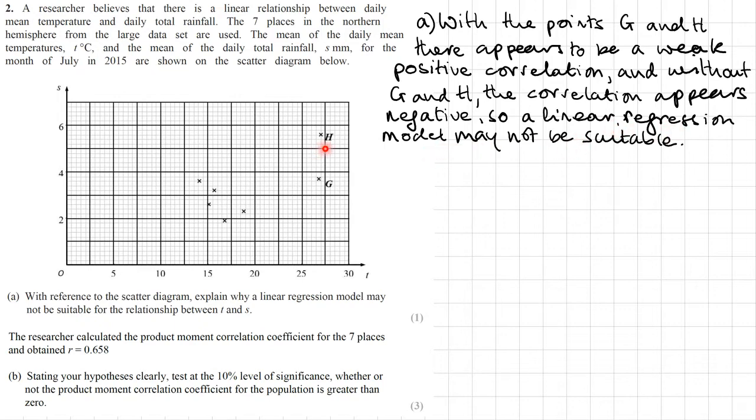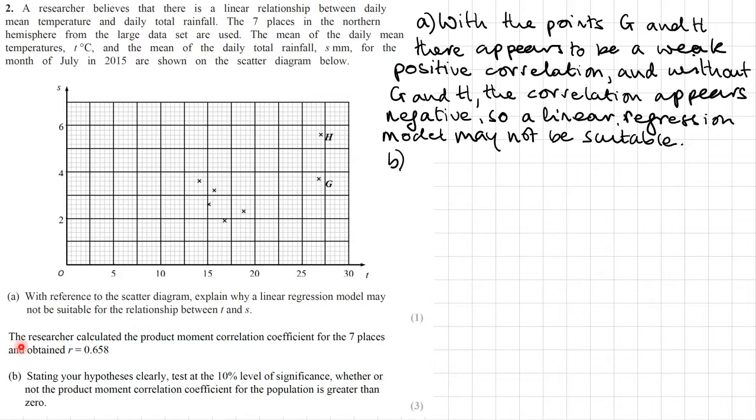I mean, you could actually say that even when I've said positive correlation, they're not really on a straight line, are they? You've got this big gap between the two. There seems to be something going on here and something going on here, like two almost separate sets of data. So yeah, it would be difficult to justify the use of a linear regression model.